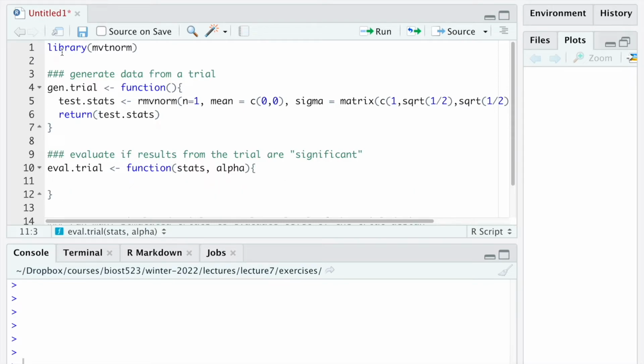The first thing I'm going to do is calculate the tail probabilities from this bivariate vector stats when I compare it to a normal random variable with mean 0 and variance 1. So tail.probs 1 minus.